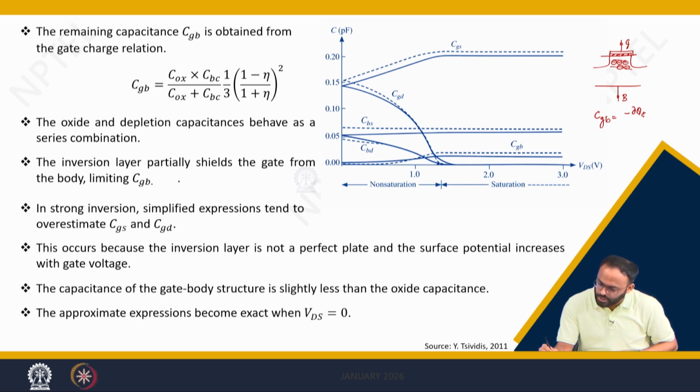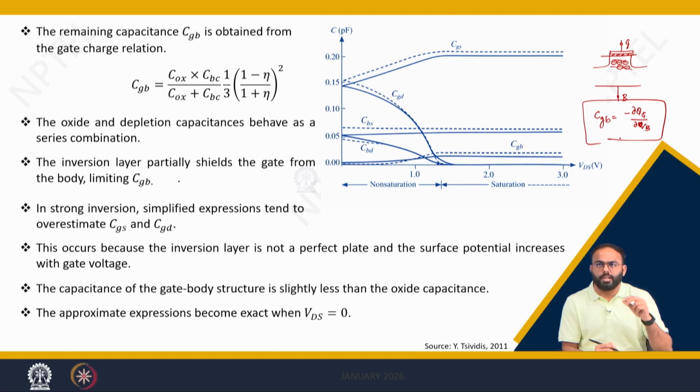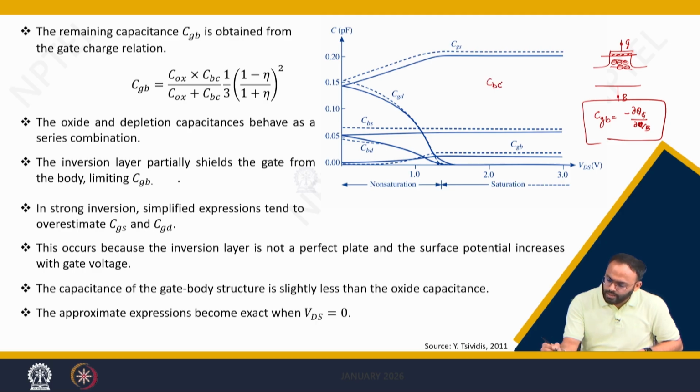So delta Qg divided by delta Vb can be defined as the gate to body capacitance, which is simply visible as CBC and COX in series.